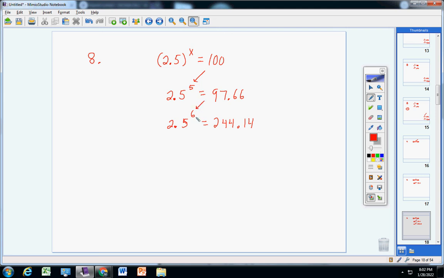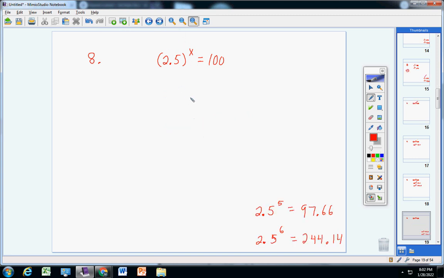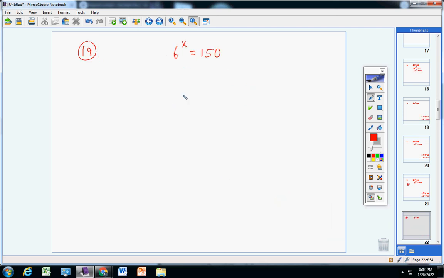So my answer has to be between 5 and 6. So I started trying 5.1, 5.2, 5.3, and I found out that 5.1, excuse me, is too big. So my answer has to be 5.0 or just 5.